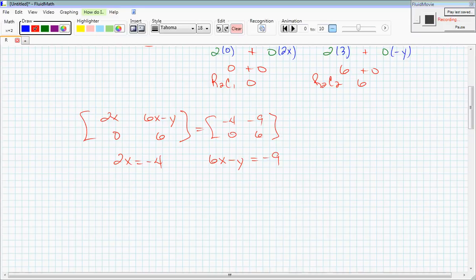Here 0 equals 0 and 6 equals 6. So we divide, and x is equal to negative 2. We're going to need that here for a little bit of substitution. We get negative 12 minus y equals negative 9, therefore negative y equals a positive 3, and y equals negative 3. So for this particular problem, x equals negative 2 and y equals negative 3, and that's how you solve 56.